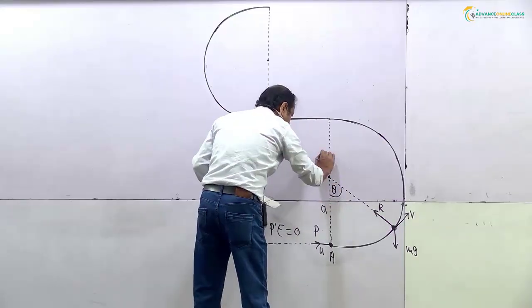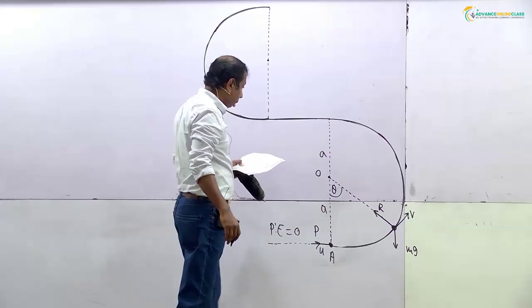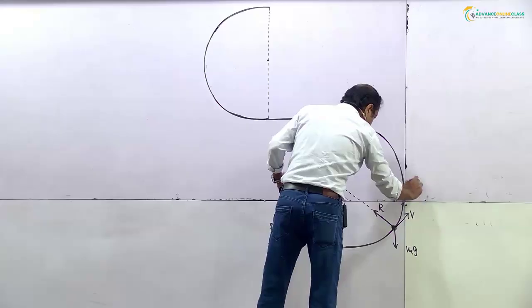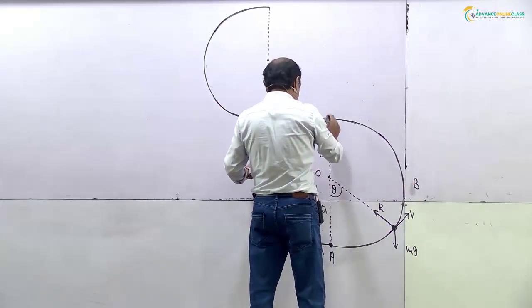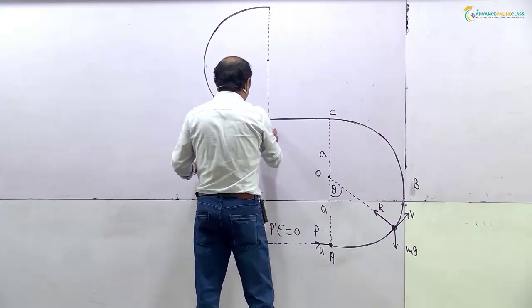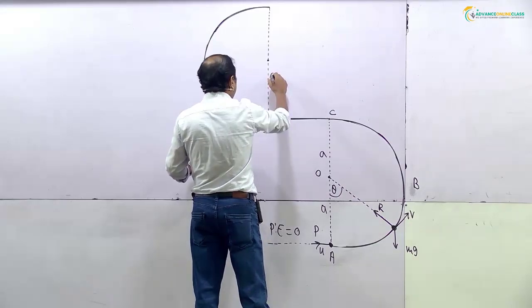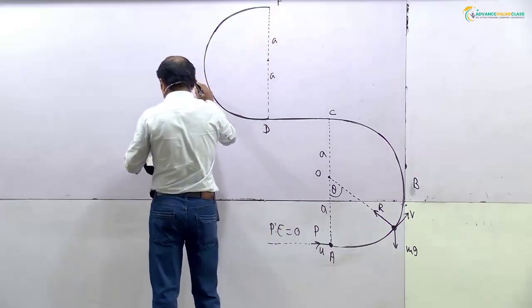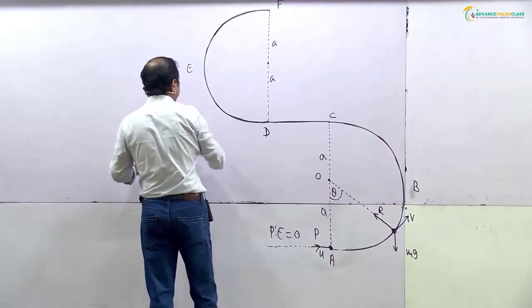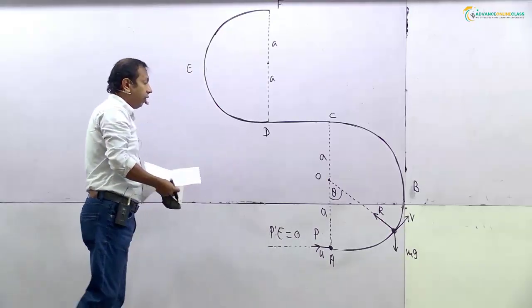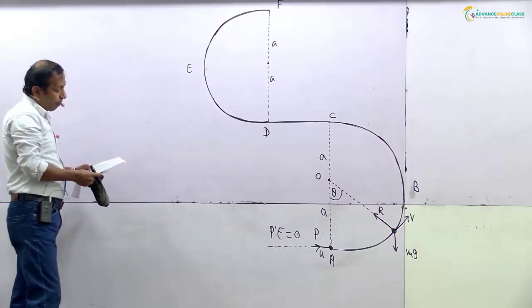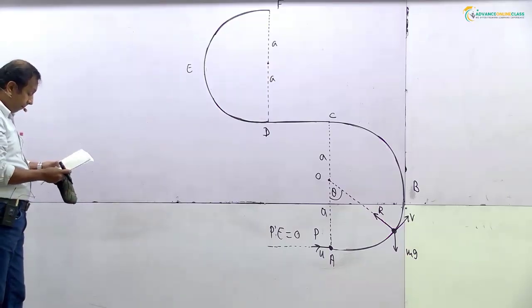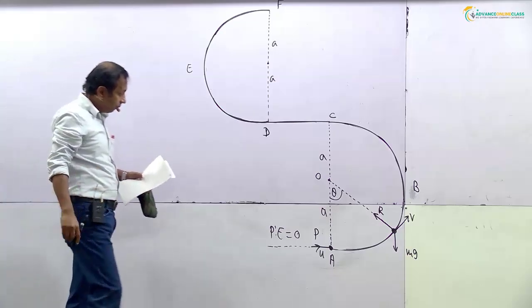Here A, this also A. Somewhere here we have B and C here. This is D, radius A, here F, here E. Okay, right. For this diagram, 15 marks given.